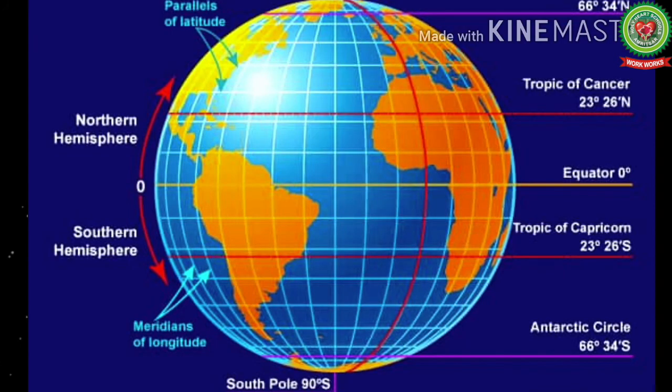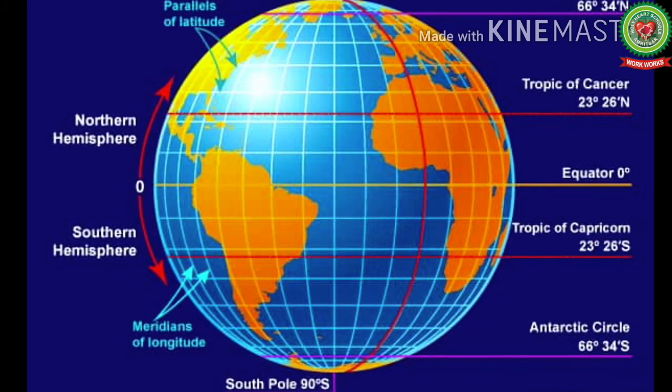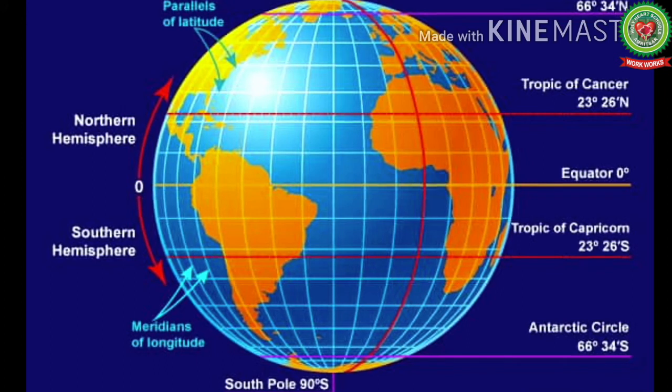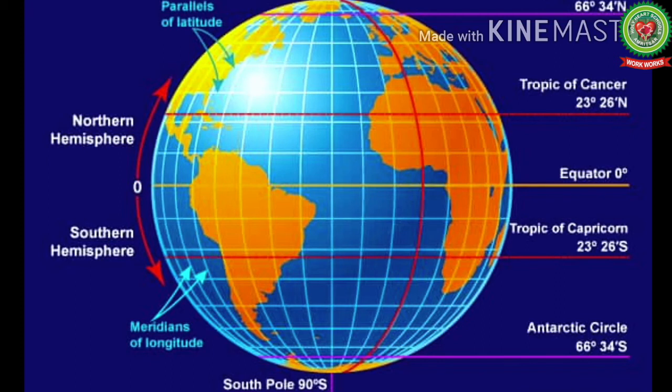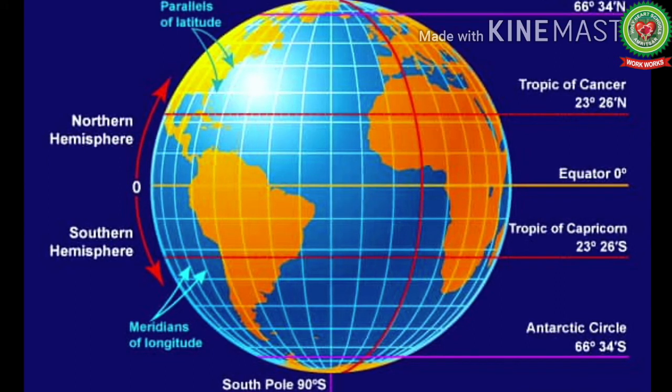They are the equator 0°, Tropic of Cancer 23.5° north, Tropic of Capricorn 23.5° south, Arctic Circle 66.5° north, Antarctic Circle 66.5° south, North Pole 90° north and South Pole 90° south.